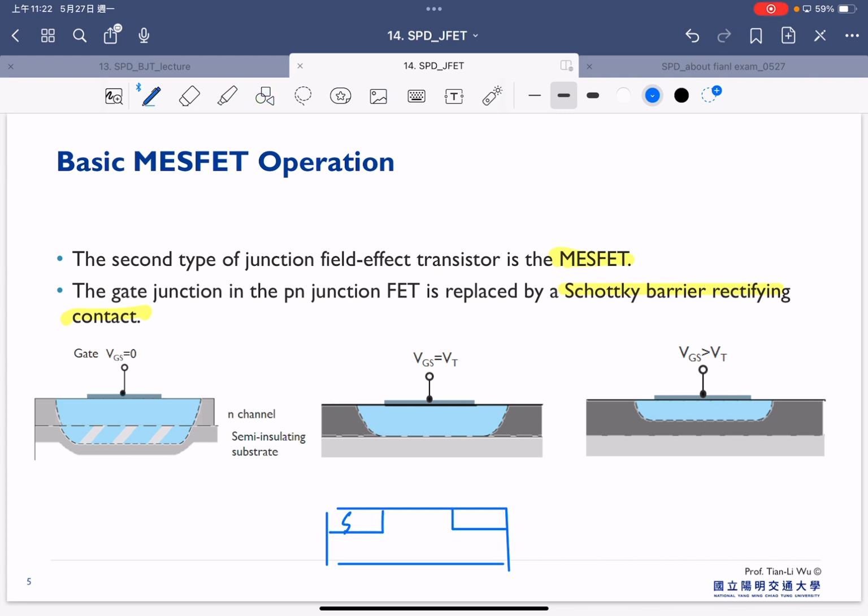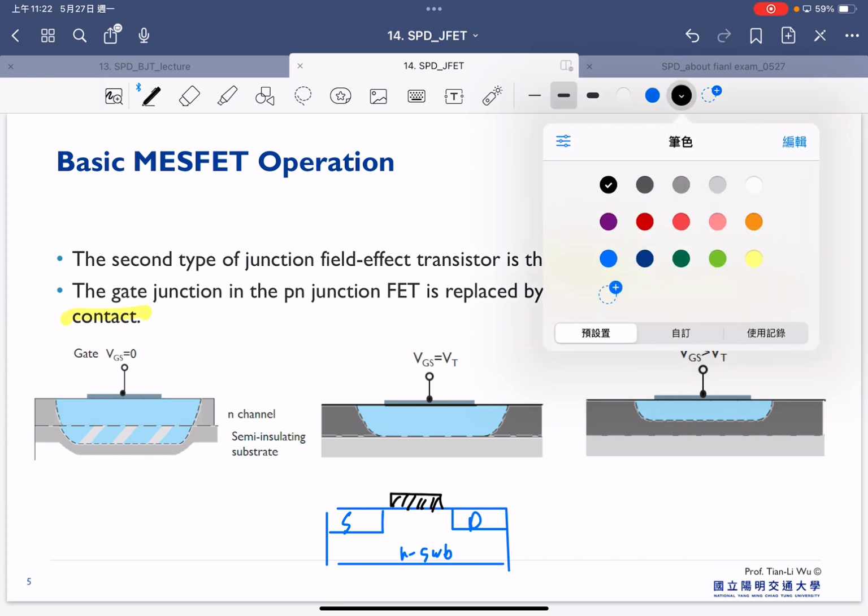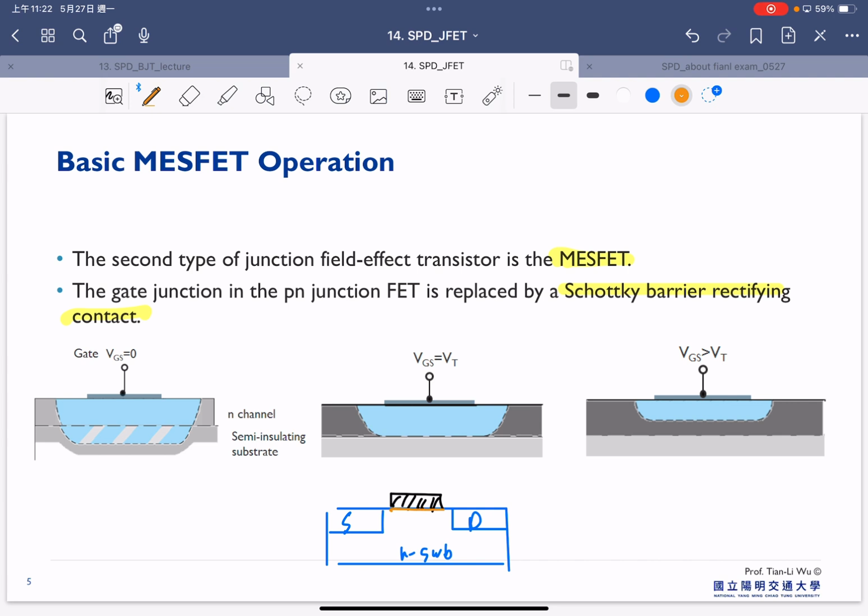So we have the source, drain, and right now, still this is N substrate, but we actually only have a piece of metal on top of this N-type substrate, and the most important thing is that this needs to be a Schottky junction.